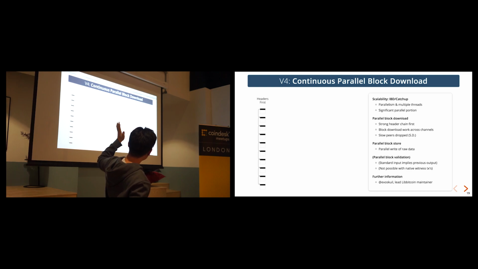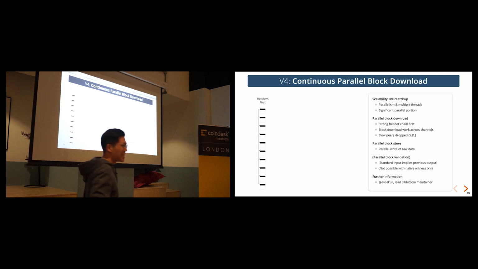So one of the bigger optimizations Eric's been working on for a while now is parallel block download. And I think one of the core ideas is, how do you parallelize a task that's inherently a sequential one, right? A blockchain is a chain of blocks.